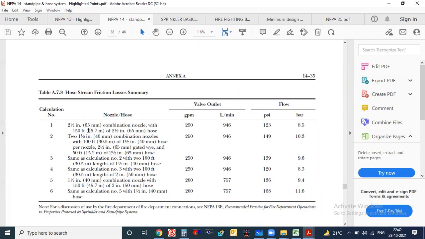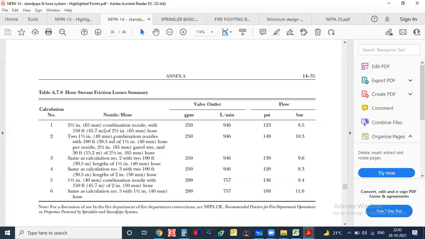Suppose you are using 46 meter of hose length and you have 2.5 inch, 65 mm, the GPM it is withdrawing is 250 GPM. This is the maximum pressure. 123 should be the maximum pressure. In the same way, for 1.5 inches, 30.5 meter, this is the pressure, 140. Like that, some pressure ranges are given, but I don't know.